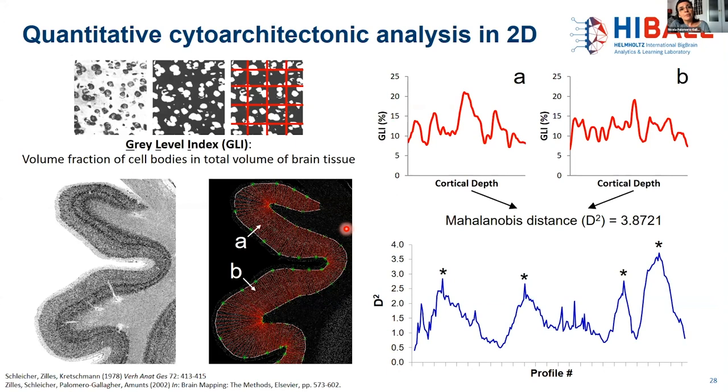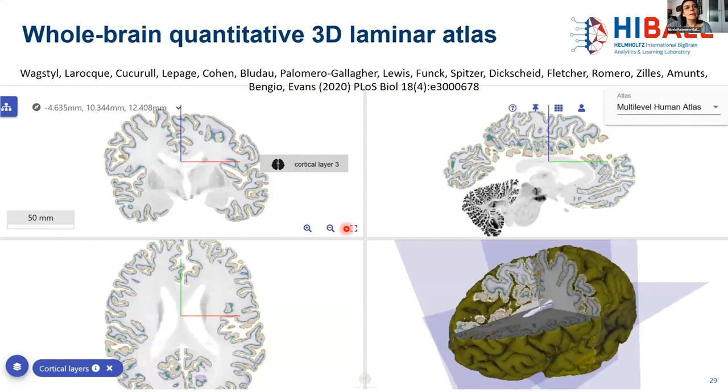Now, this was developed in 2D, and now with BigBrain, and this is my second last slide, it's a 3D volume. It gives us a lot more chances of mapping, but it also brings a whole load of challenges.